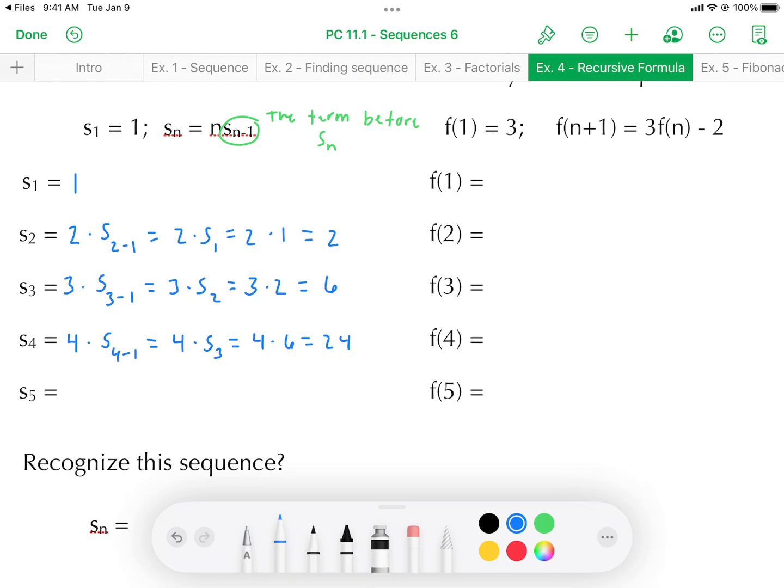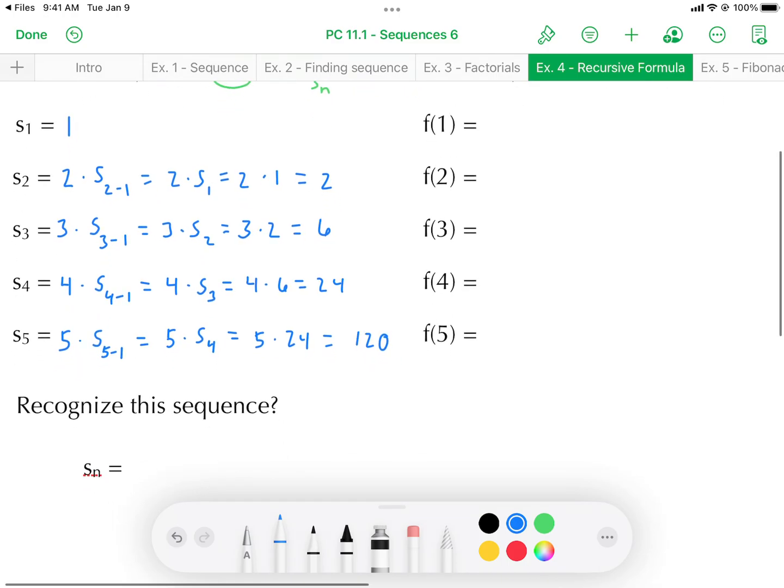And then S sub 5, n is 5 times S sub 5 minus 1, or that's 5 times S sub 4, which is 5 times 24, or 120. All right, do we recognize what's going on here?